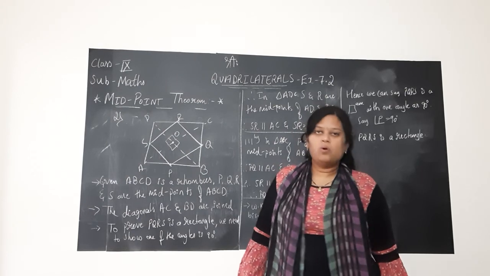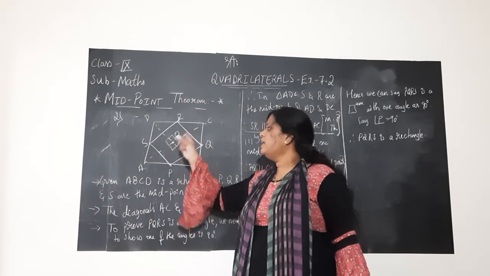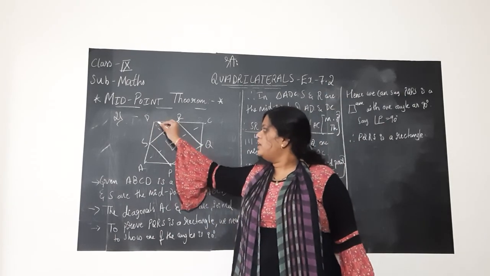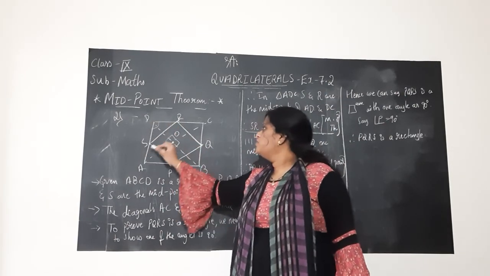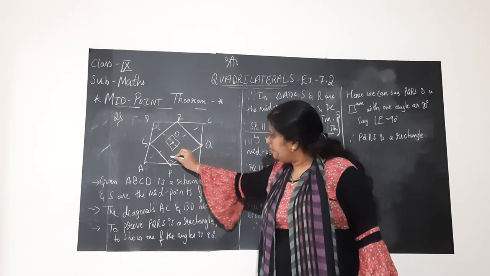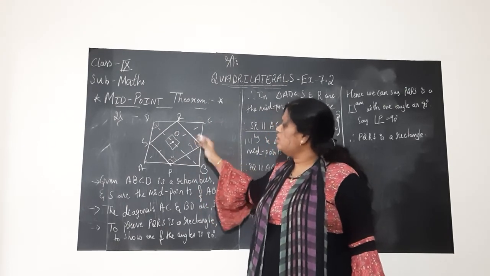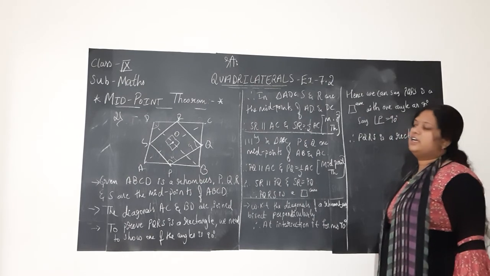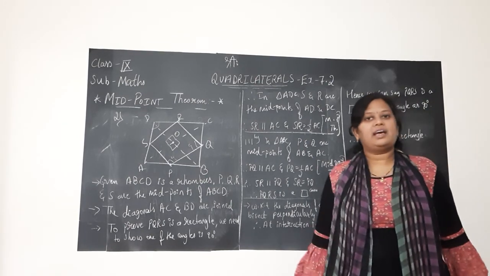If we label the diagonal intersection point as O, at O it makes an angle of 90 degrees. By saying that, we can prove any one of the angles, say P or Q, is 90 degrees. Once we prove one of the angles is 90 degrees, obviously PQRS is a rectangle.